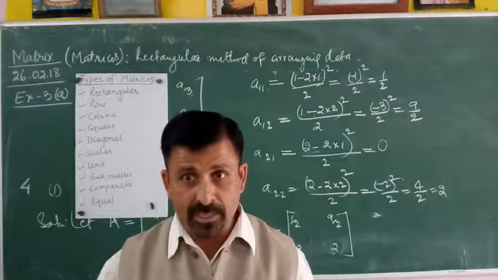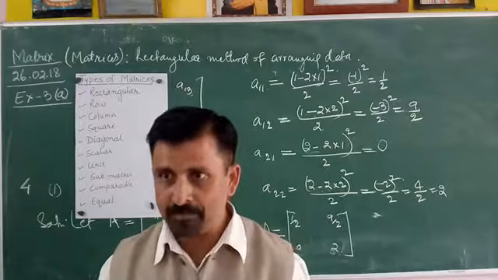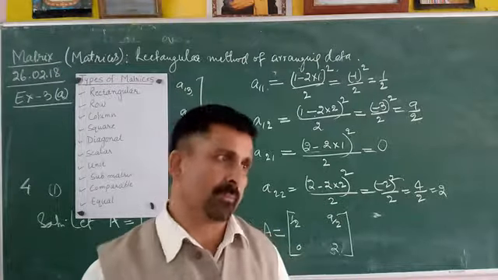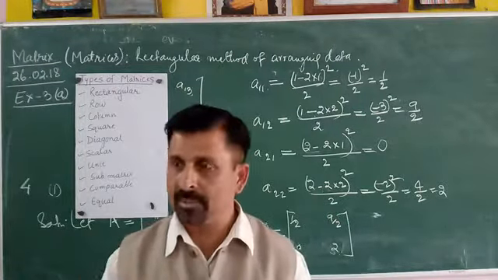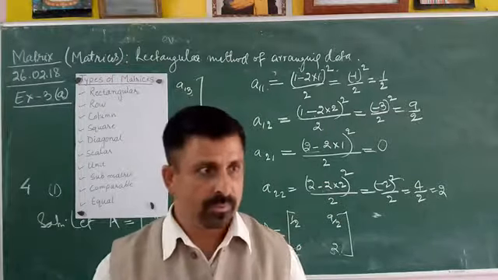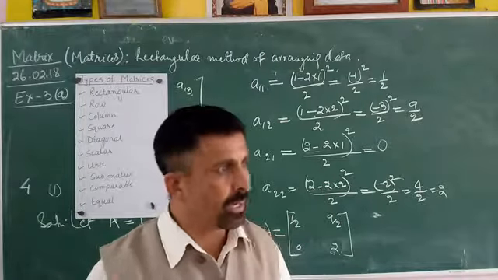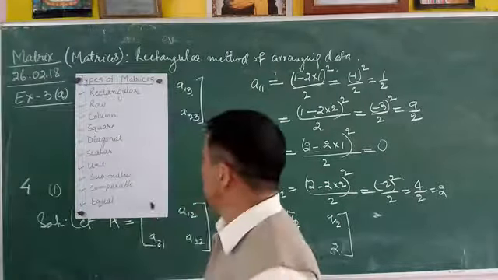You don't need to write 2 by 2, you just write 2 at the base. It gives you the size of that matrix. I3 means unit matrix of the order 3 by 3. I4 means unit matrix of the order 4 by 4. Am I understood? Yes, sir.